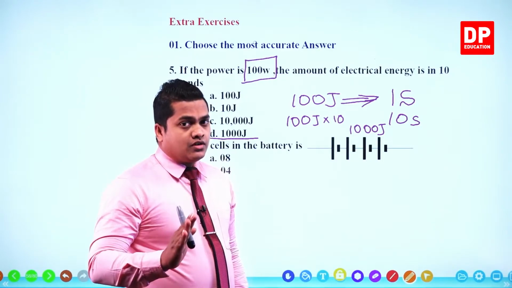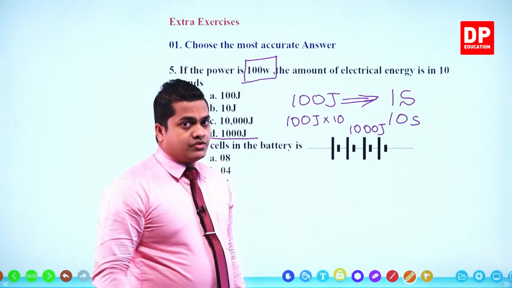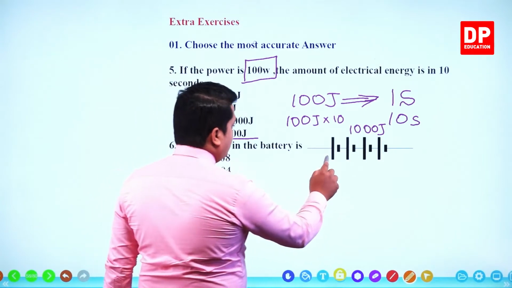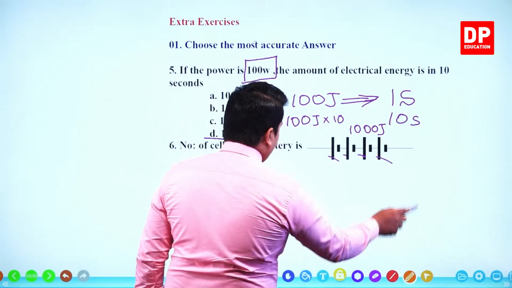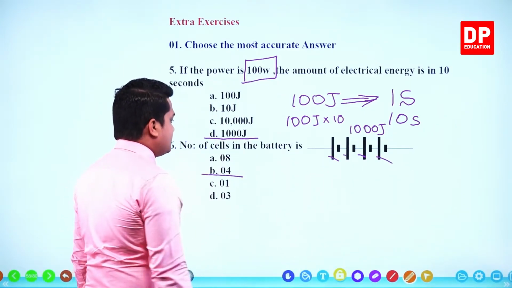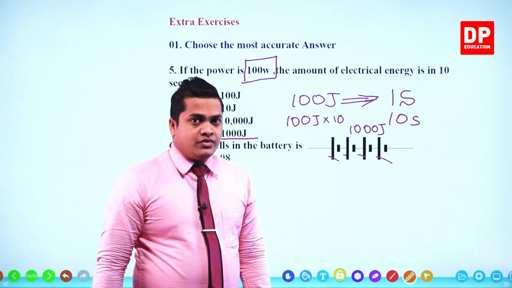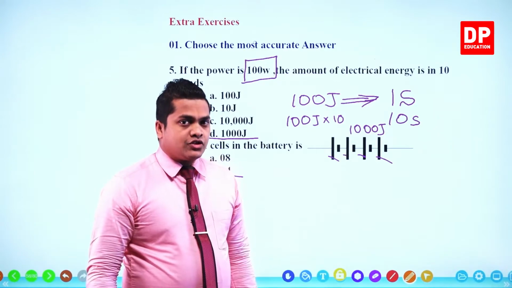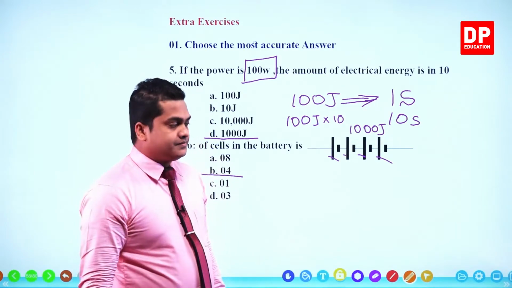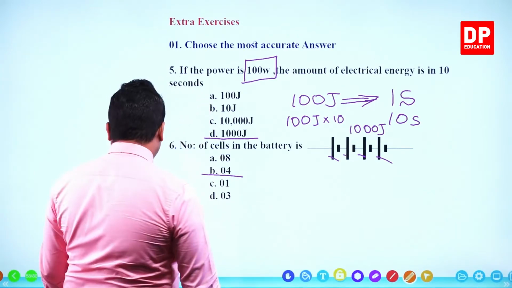The number of shorter terminals is equal to the number of cells. So 1, 2, 3 and 4. There are 4 cells in this battery. So a battery is a special instrument created by a collection of several cells together. Right.